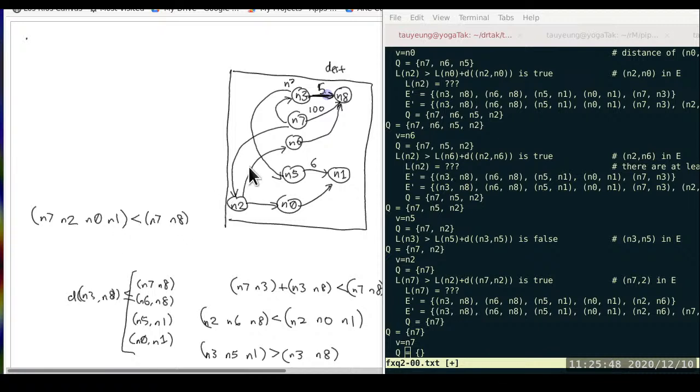Okay, so that means whatever value we put here, n7, n3, n8 is not going to be as short as n7, n2, and then n0 and then n1. So that is the shortest path from n7 to a destination.